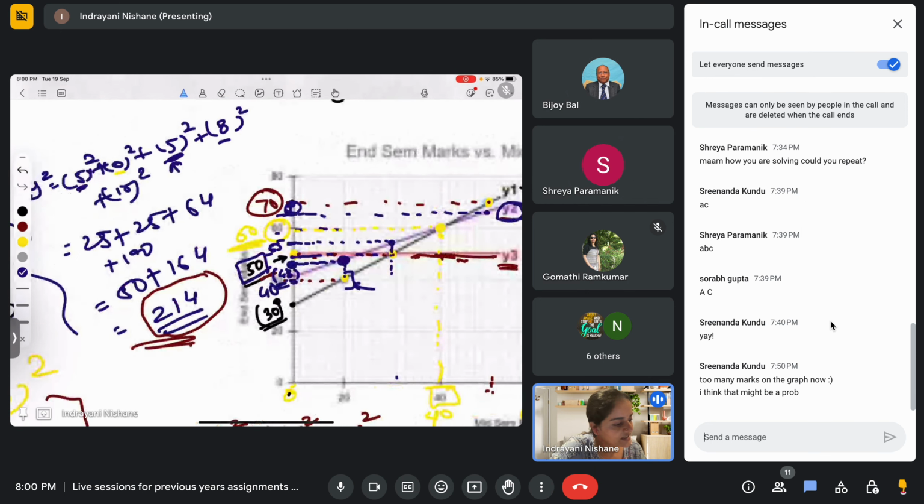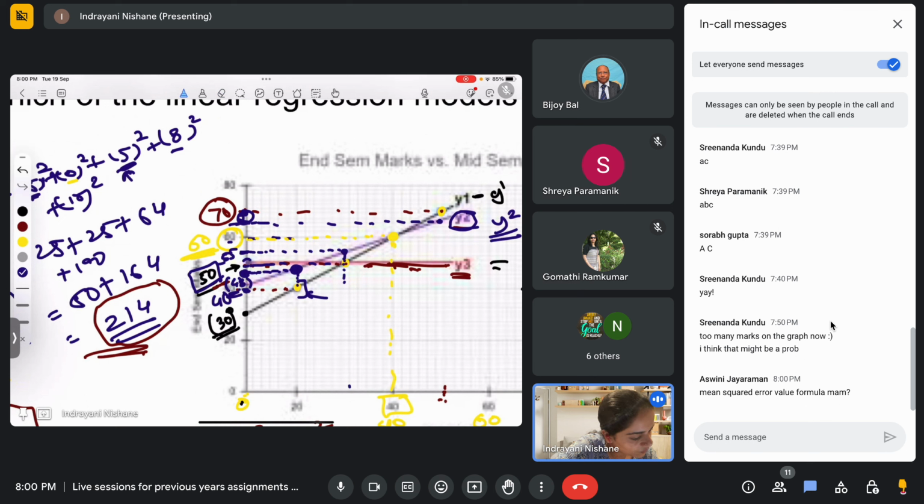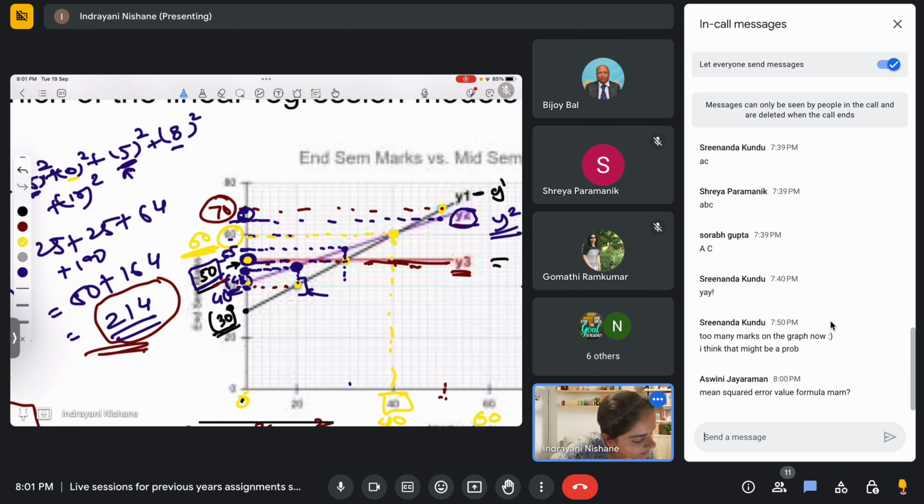The last data point is this yellow one over here. Let me make it blue. This is our last data point, and this is our intercept. The purple line is intersecting at 40 and this is 50.